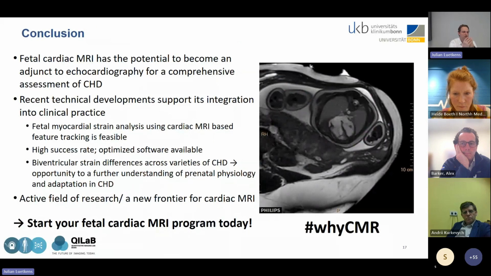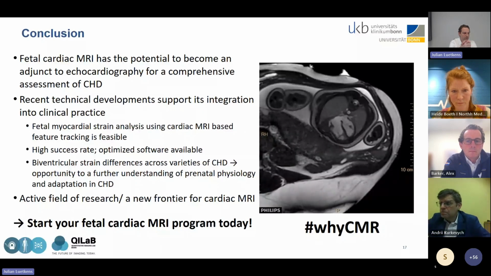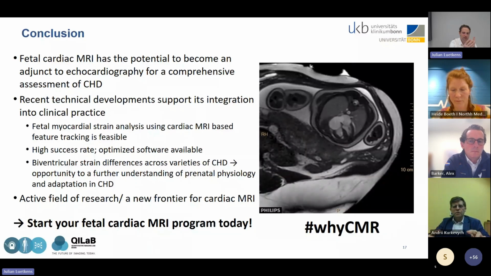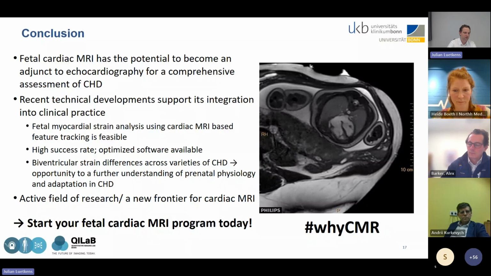So in conclusion, I want to say that fetal cardiac MRI has the potential to become an adjunct to echocardiography for comprehensive assessment of congenital heart disease, and recent technical developments support its integration into clinical practice. Fetal myocardial strain analysis using cardiac MRI-based feature tracking is feasible. This was shown this year by several papers, and it has a high success rate.